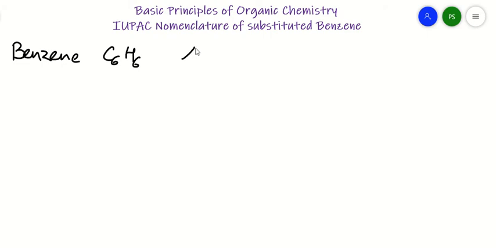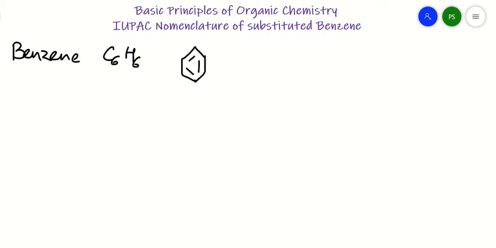Its bond line formula is a hexagon with 6 carbon atoms on the corners, each bonded with one hydrogen atom, and single and double covalent bonds arranged alternately inside the benzene ring. So let's start.